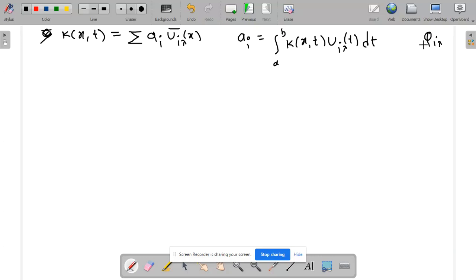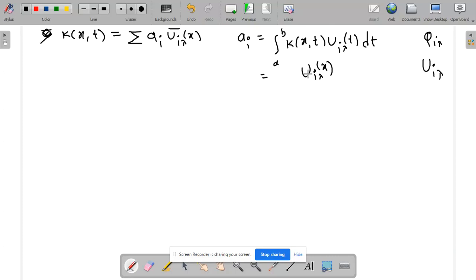Therefore, whatever orthonormal set we get, these functions ui of λ, will also be eigenfunctions corresponding to eigenvalue λ. So they will also satisfy the homogeneous Fredholm integral equation, and therefore this quantity will be nothing but ui of λ of x equal to this thing into λ.